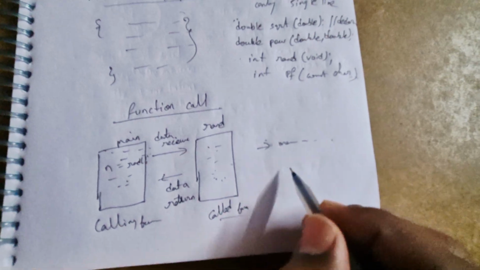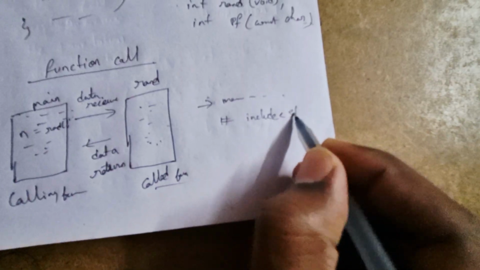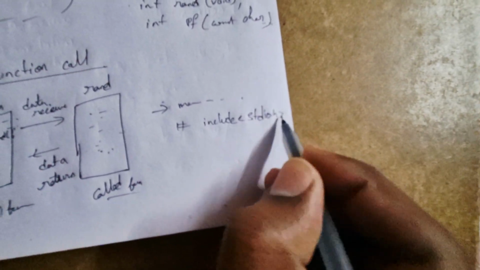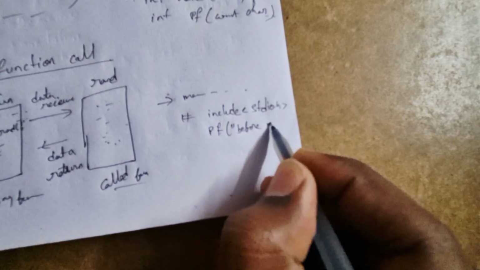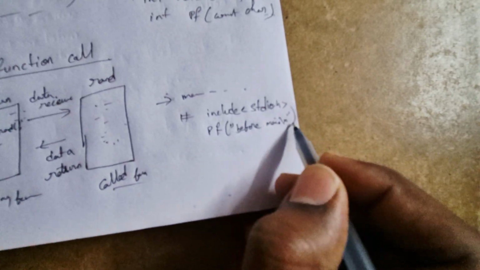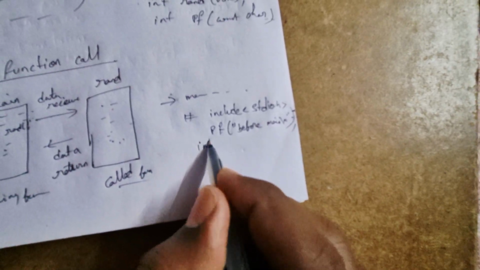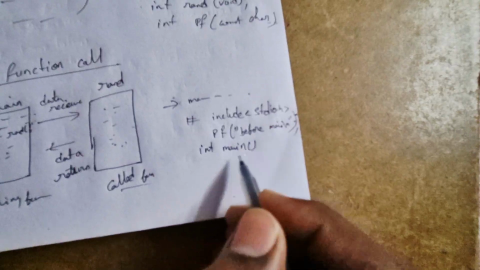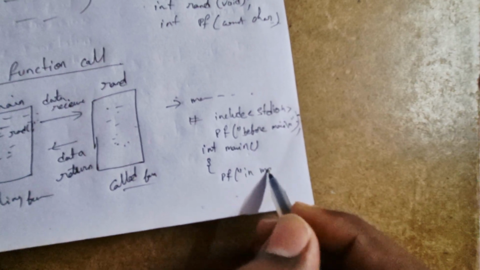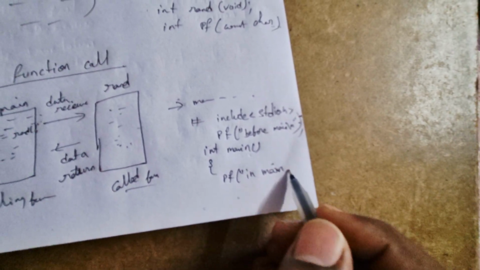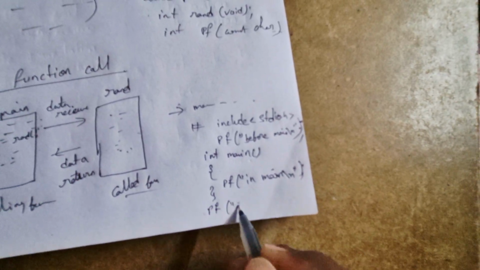Let's take an example: include stdio, printf before main, printf in main, printf after main.